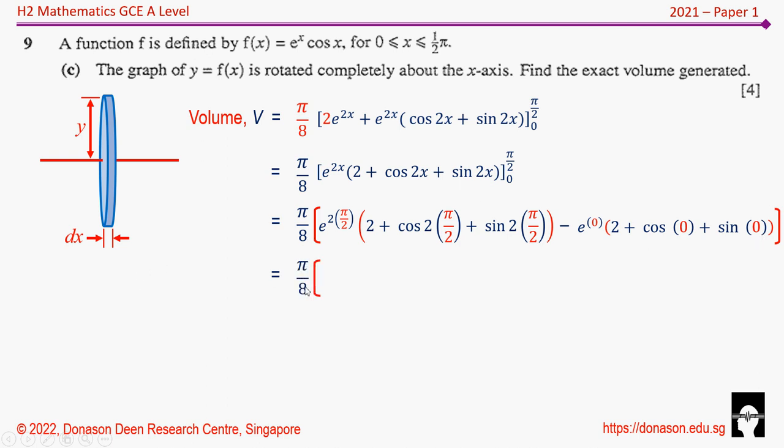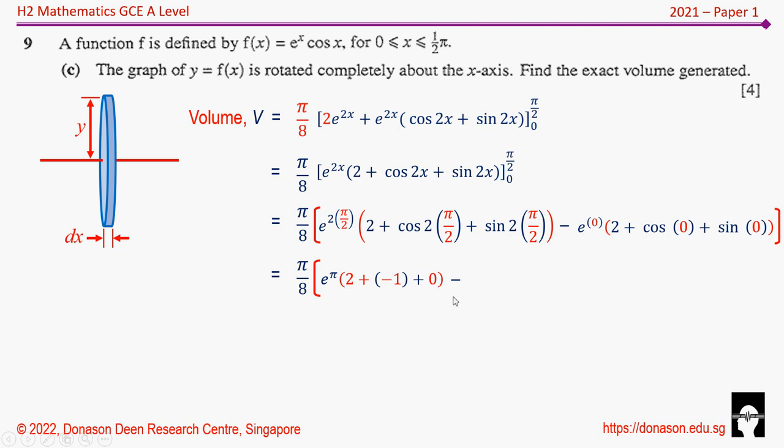So let's write the pi over 2. So 2 and 2 if we cancel, we would have e to the power of pi, and then 2 here, and cosine 2 and 2 if we cancel, it becomes cosine pi, and cosine pi is of course cosine 180 degrees, which is -1. I have put that in here. And the 2 and the 2 if we cancel, it's going to be simply sine pi. Sine pi means sine of 180 degrees, which is of course equal to 0.